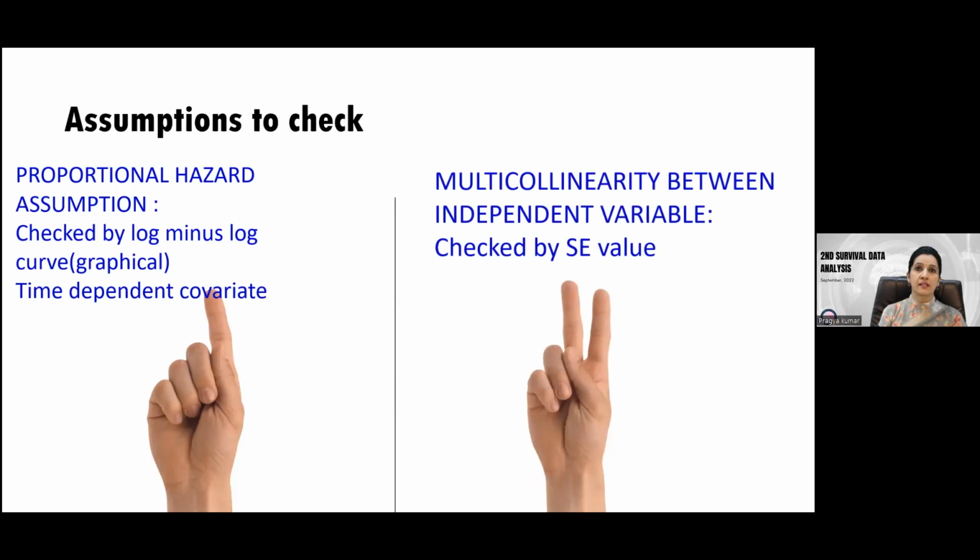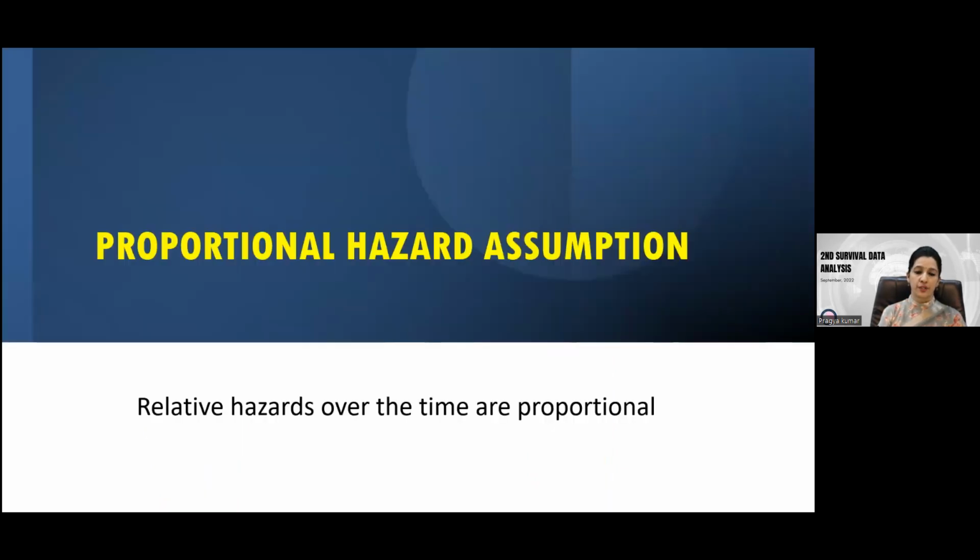Then the second assumption is multicollinearity, like we have seen in linear regression and logistic regression also. If there is more than one independent scale variable, then you need to check multicollinearity, which can be checked by the value of standard error and also by the collinearity statistics, that is the value of the correlation coefficient.